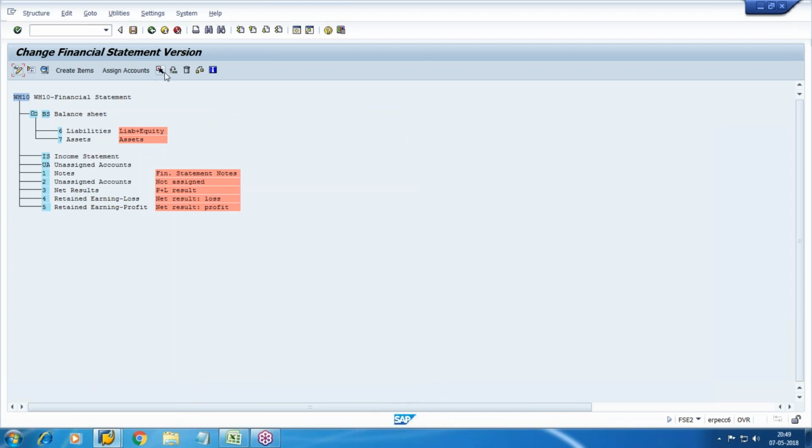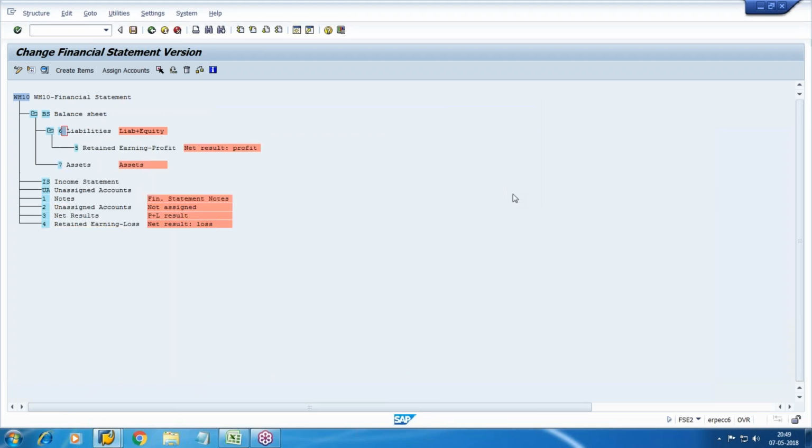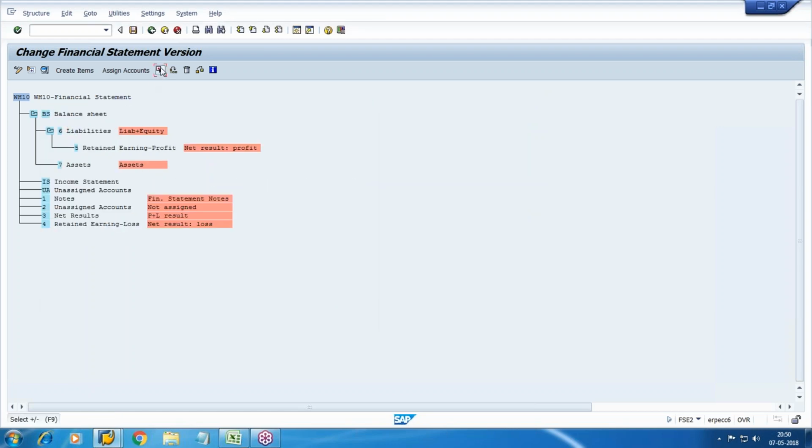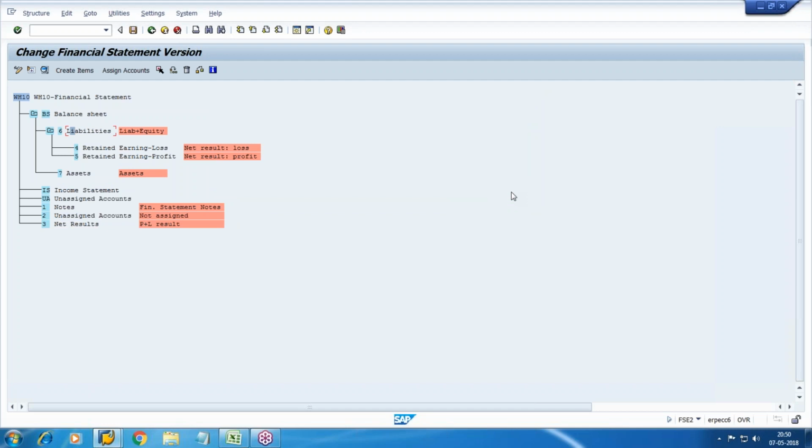So add this one, select to liability and equity, reassign this one also. And this one net result, this one transferred to P&L, income statement. P&L means income statement. Select, assign here.